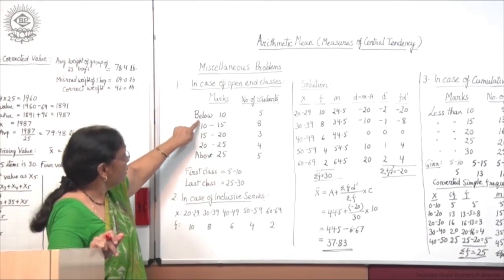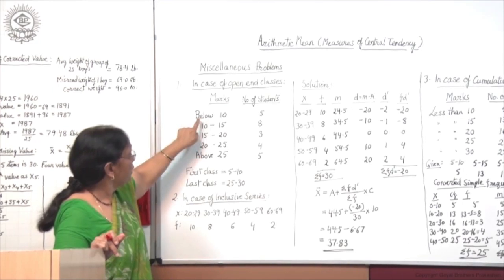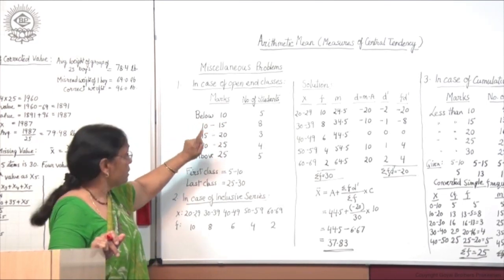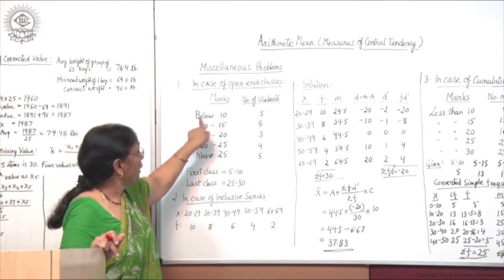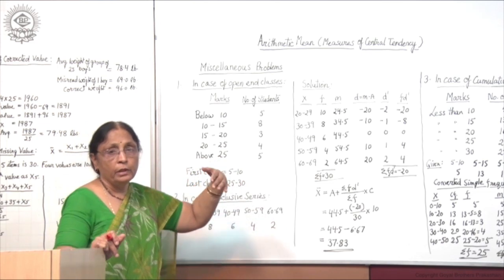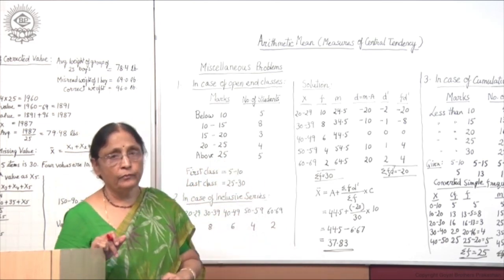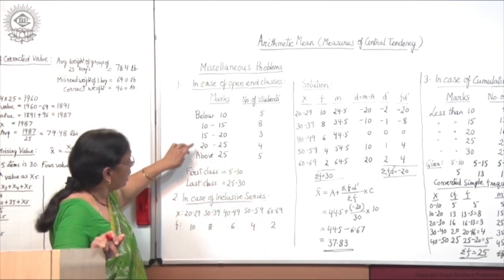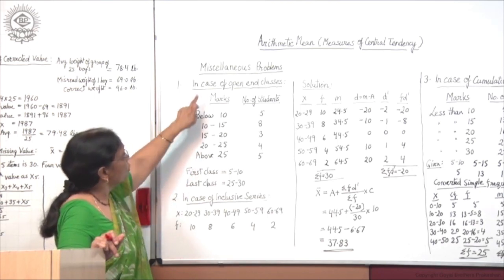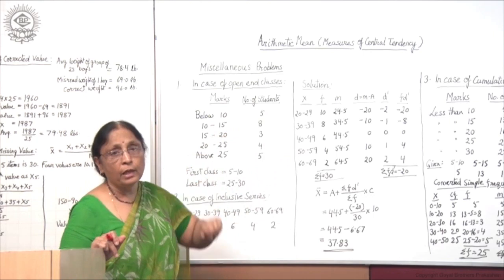That means the class interval here is missing. It is not stated that it is 0 to 10 or 5 to 10 or whatever, but it is below 10 and this is above 25. It can be up to any limit. So both the ends are open. This end is open and this end is open. This is known as open end class.